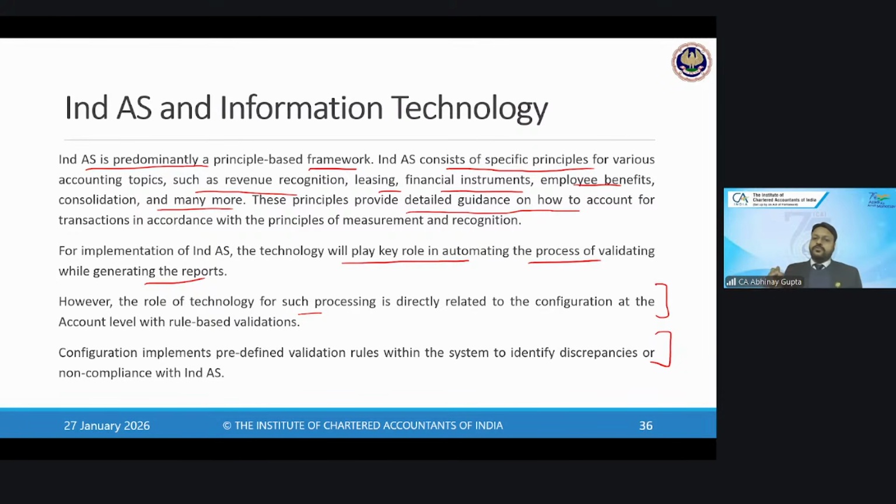These are the accounts belonging to past debtors who are not paying anymore. For that, ECL modeling can be constructed. So I can do all these account-level configurations in my system, and on that basis, the system can do the processing work for me, or generate the reports I am looking for as per the Ind AS, right?